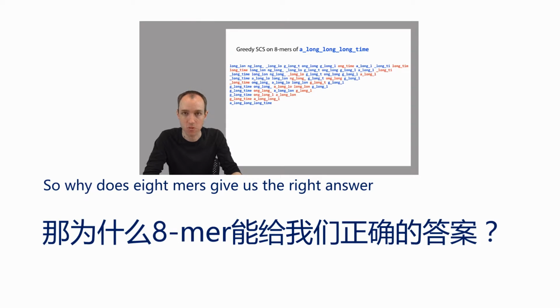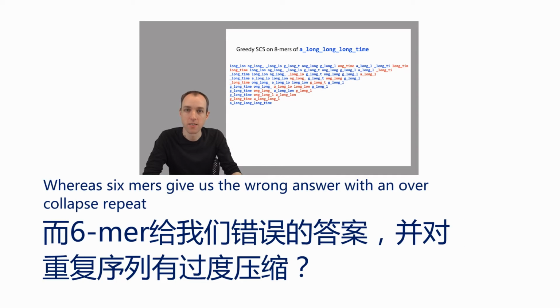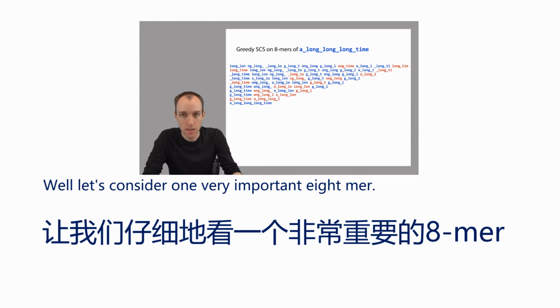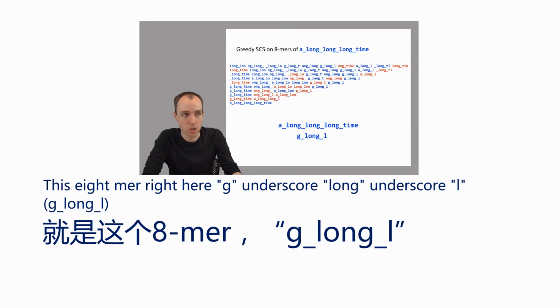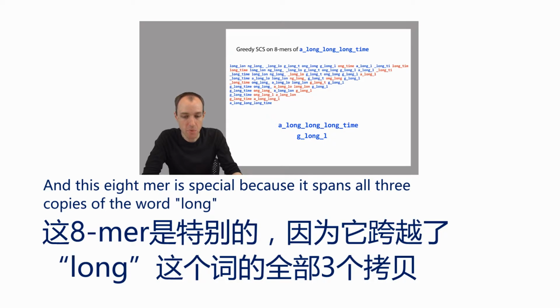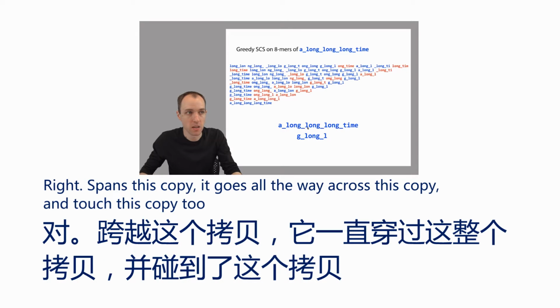So why does 8-mers give us the right answer, whereas 6-mers give us the wrong answer with an overcollapsed repeat? Well, let's consider one very important 8-mer, this 8-mer right here, G underscore long underscore L. And this 8-mer is special because it spans all 3 copies of the word long. Right? It spans this copy, it goes all the way across this copy, and it touches this copy too.